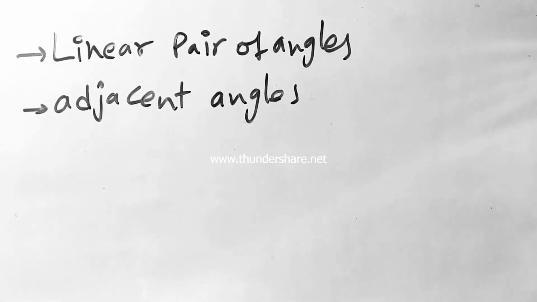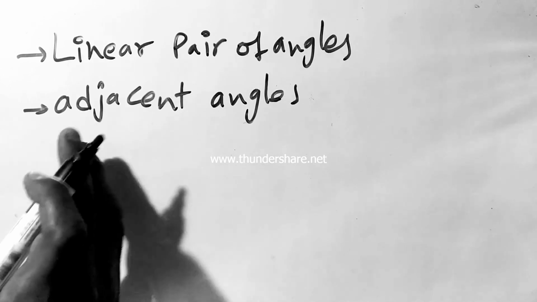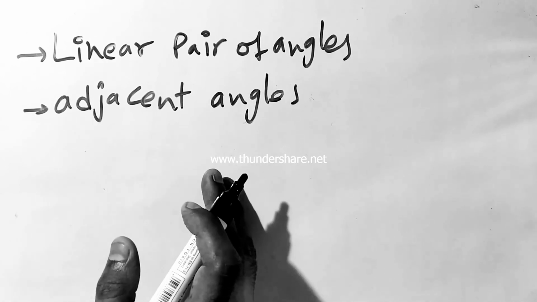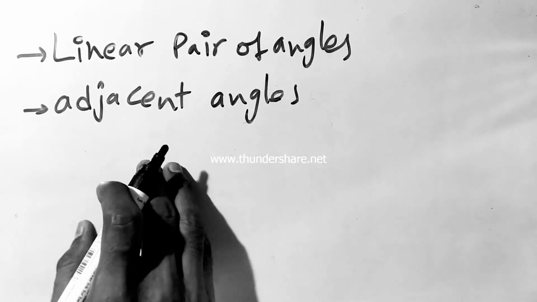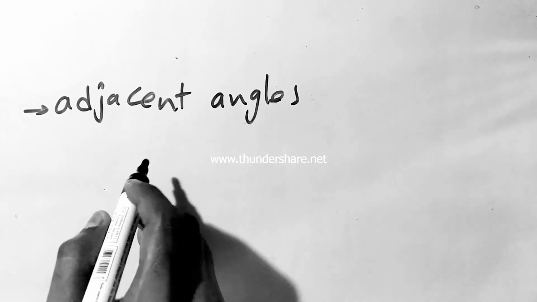Next, we go to the linear pair of angles and adjacent angles. First, the adjacent angles. The word itself says side by side. When two angles are side by side, then the angles are said to be adjacent angles.